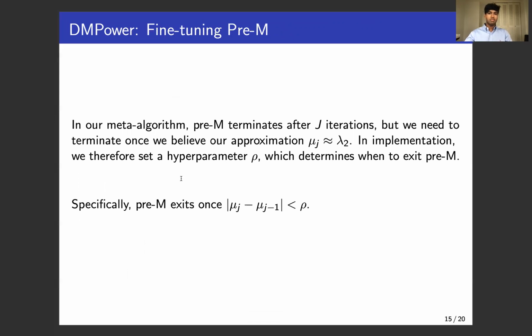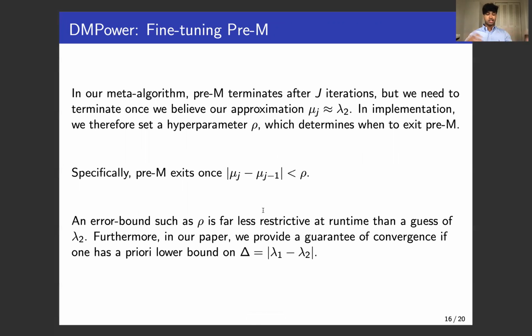Because as we stated before, if beta is far off from lambda sub 2 squared over 4, then we are going to experience slow convergence or possible non-convergence. Therefore, in actual implementation, we're going to set a hyperparameter rho, which determines when to exit the pre-M phase. Specifically, our pre-M phase exits once our approximates of lambda sub 2 are close enough to each other, which is very common to classical power methods and variants of them. We usually exit once our iterates are close enough.